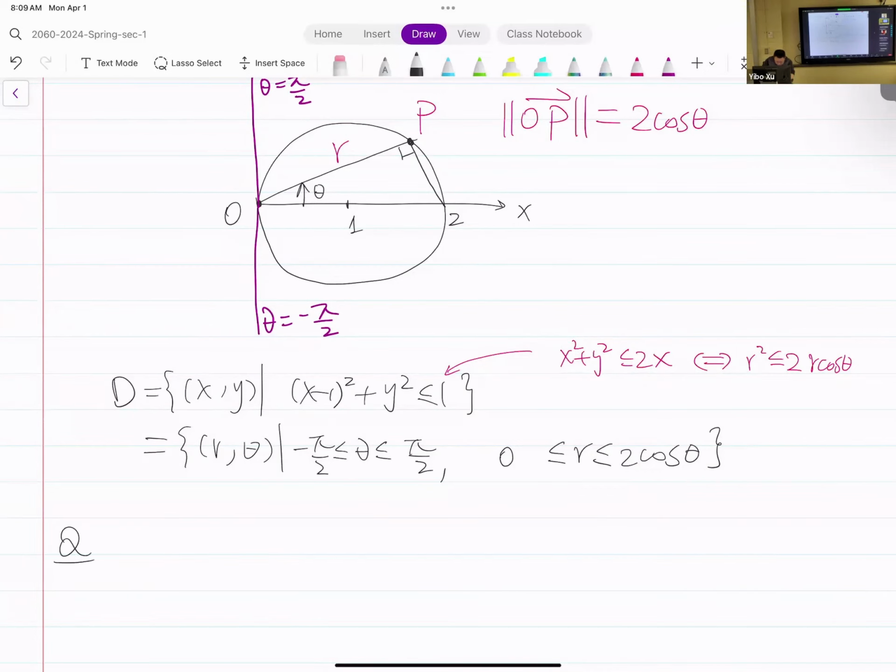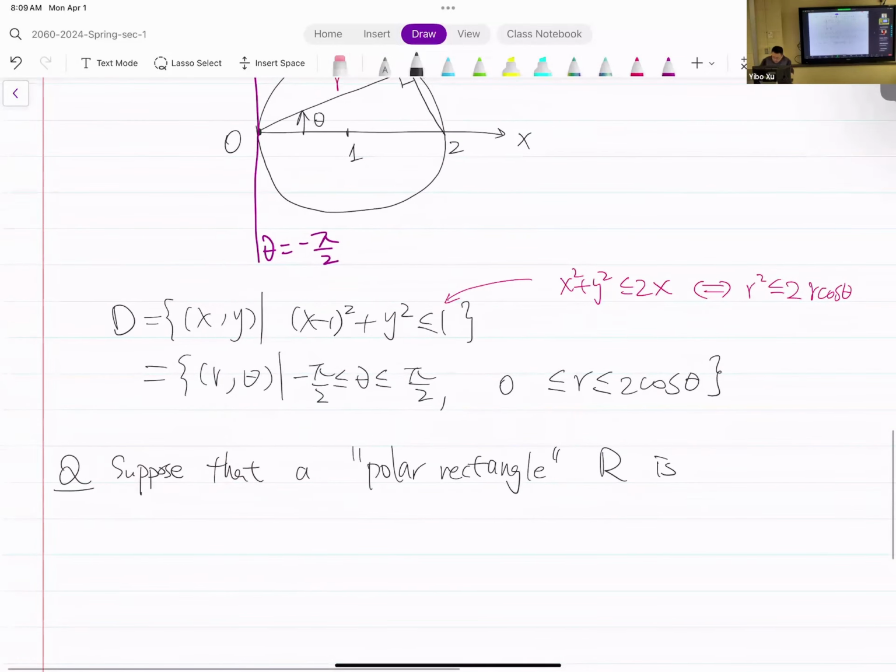Here comes the question. Suppose that a polar rectangle R is basically the region, but it's in terms of r and theta, such that we have a specific fixed bound for the radius r, and also we have another bound for the angle theta.